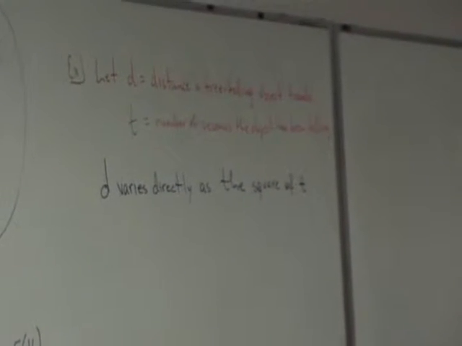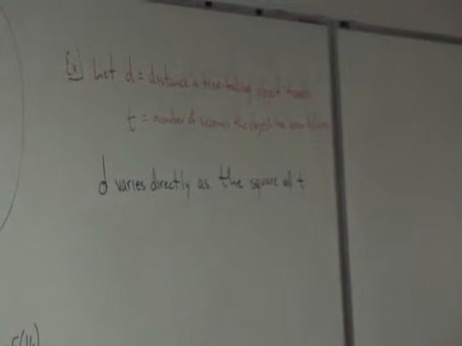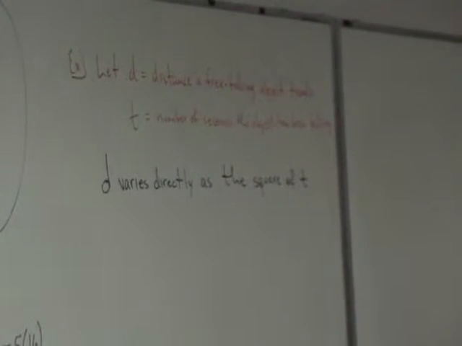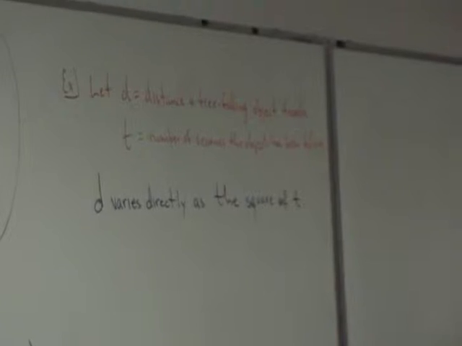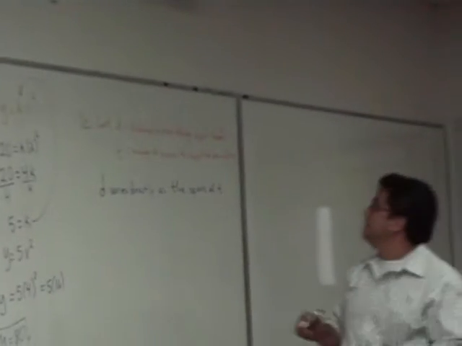D varies directly as the square of t. So again, imagine that you take this ball bearing to a very tall platform and you release it. I'm going to give you some information.